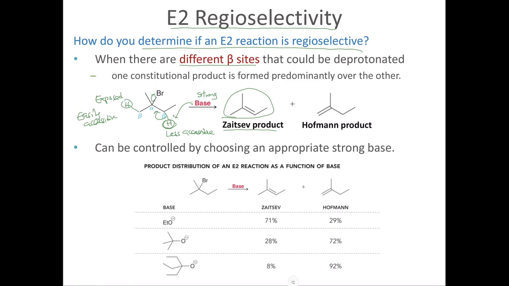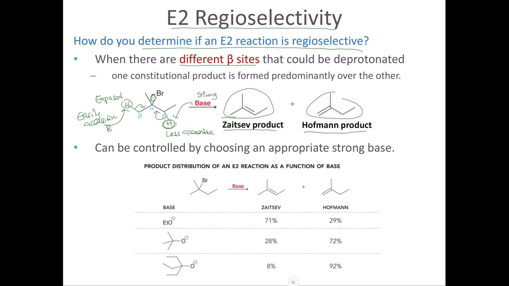If we remove a proton that is exposed, we use a base to remove that proton and we end up with the product which is going to be less substituted. We call that a Hofmann product.